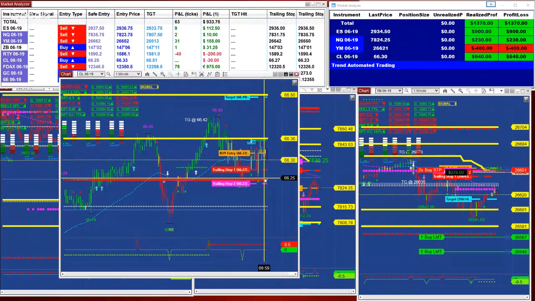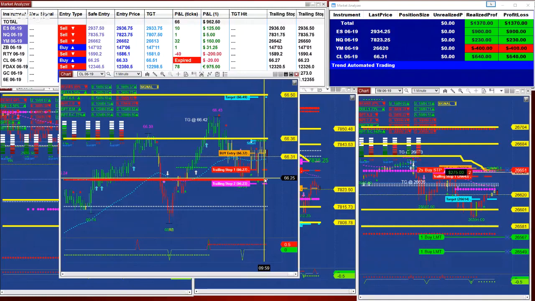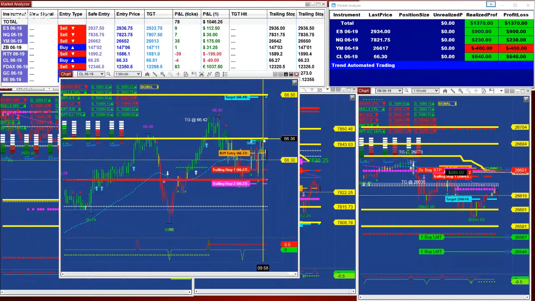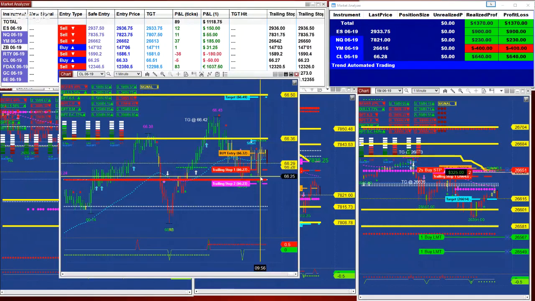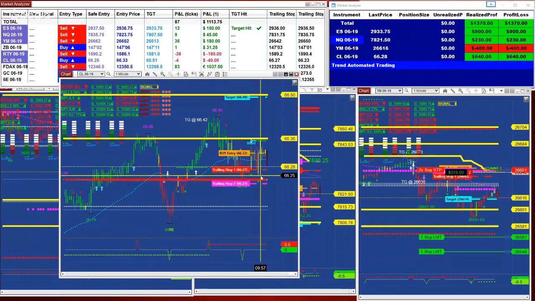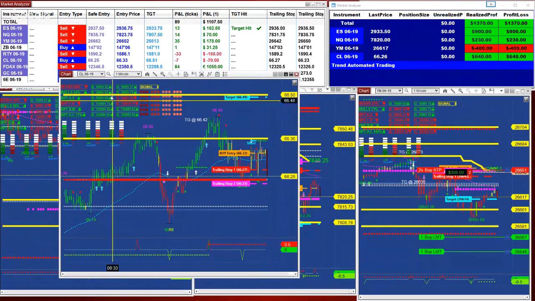If you want to be conservative, then you need to put a 66.37 limit order buy. Or if you like to be aggressive, we can go on 66.25 with a limit order buy.